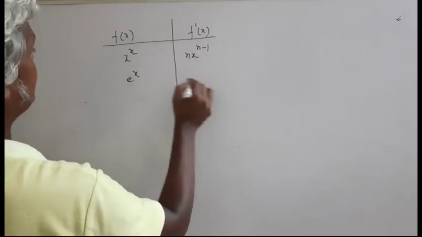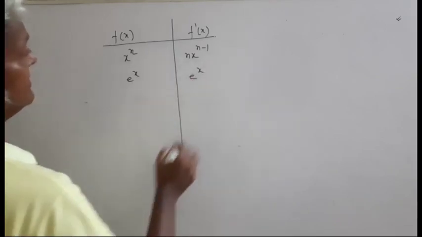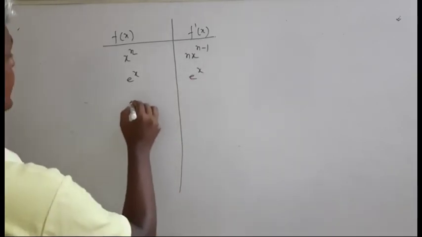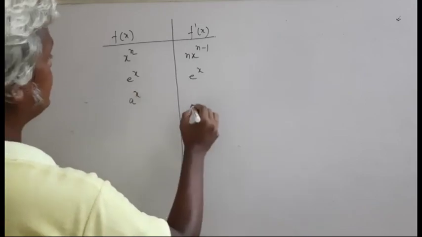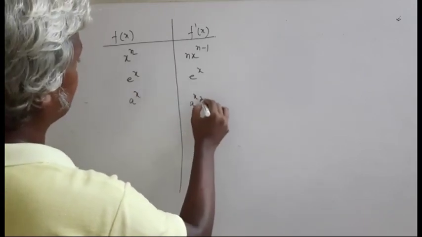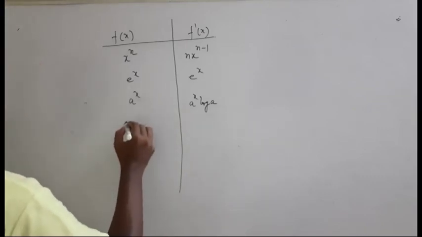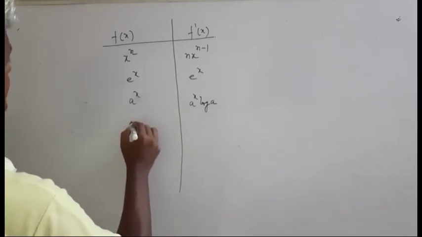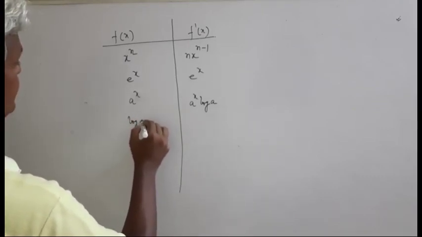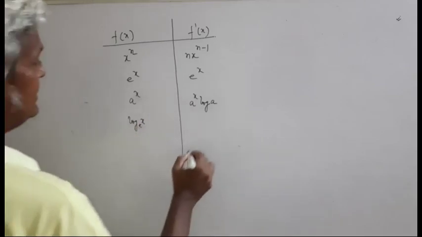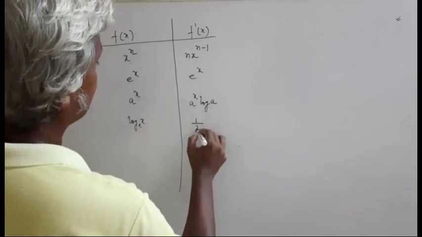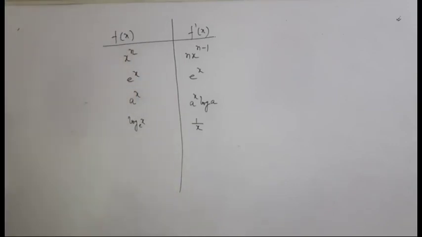If the function is e to the power x, the derivative is also e to the power x. If the function is a to the power x, its derivative is a to the power x log a. If the function is log x to the base e, then its derivative is just 1 over x.